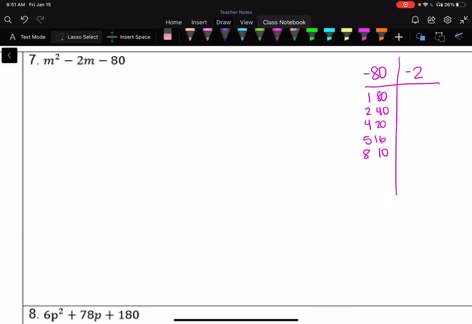This is another example of how you need to pay attention to your negatives and positives. To multiply to get a negative, that's a positive times a negative. We're also adding to get a negative, so the bigger number needs to be negative.